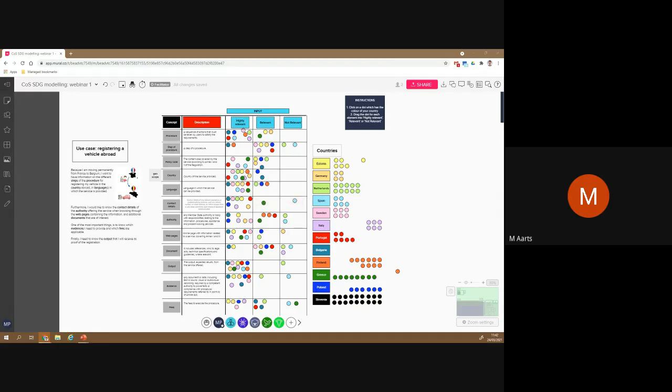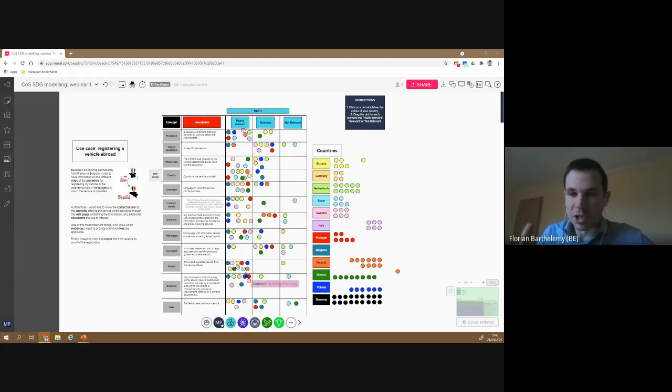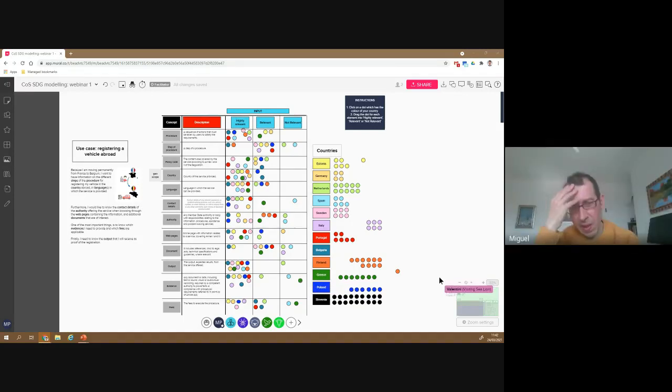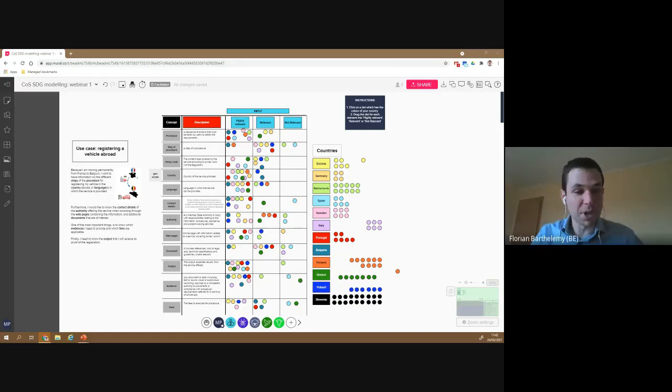Mm-hmm. And maybe Marco, related to the point of Michiel, it is also a bit up to you. Miguel said earlier that one benefit of this model could be as a starting point for member states to harmonize information at national level. So it's also a bit up to you to say what is useful. Exactly. We are happy to put in additional elements if we can find consensus or if it's useful at national level as well, or we can even differentiate both. But I fully agree with you.